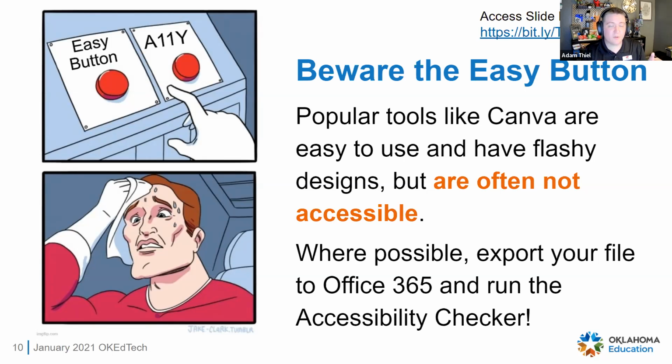However, there is a workaround where if you come across a program and it allows you to download a copy as a PowerPoint presentation or that kind of thing, if you can get it into a Microsoft Office product and then you can run that accessibility checker, you should be able to fix any problems that tool didn't handle very well. So like if there was an image in Canva, maybe you could take a screenshot of it and paste it into a Word doc. With it being in a Word doc, would that help?